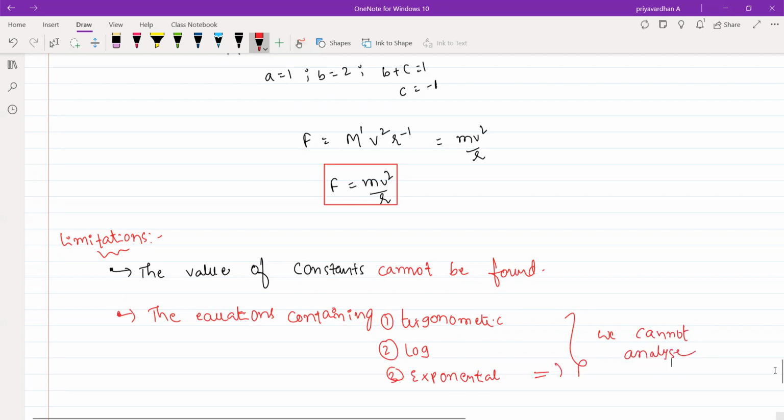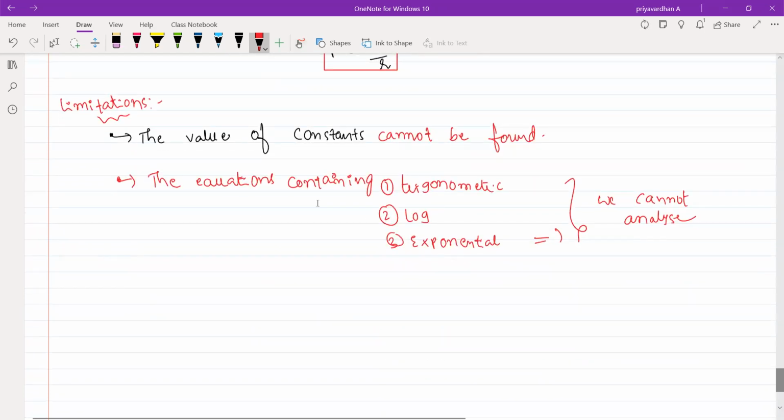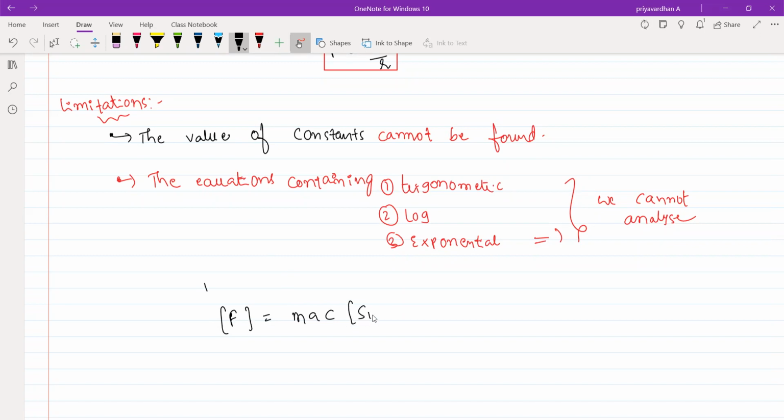I'll just give you a random example. Assume that force is taken to be some m times of AC, something like that, and sine of bx plus cd. They'll ask you, what is the dimension of bx plus cd? Sine of whatever is there inside, this entire quantity is dimensionless.